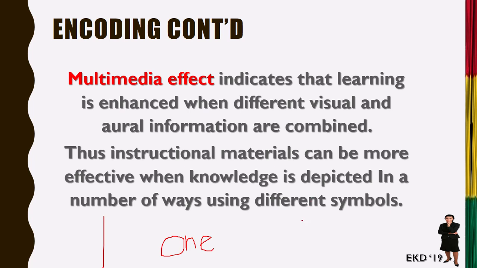Now, when you have one, this is also one item. Okay, let me circle it. This is also one item. This is also one item. So, invariably, you are using different symbols to represent one, and the child will get to understand so that he can apply.